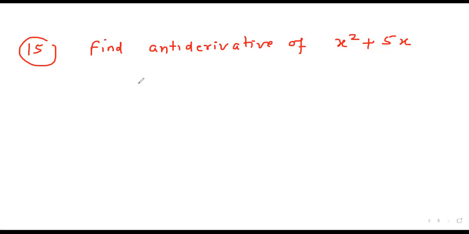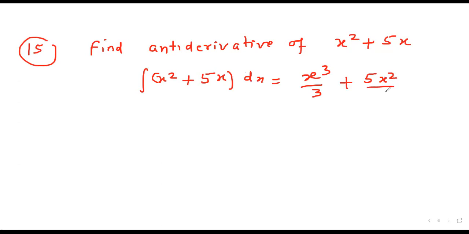So we can easily find it. So integration x square plus 5x dx will be equal to x cubed by 3 plus 5 x square upon 2 plus c. And next question is question number 16.